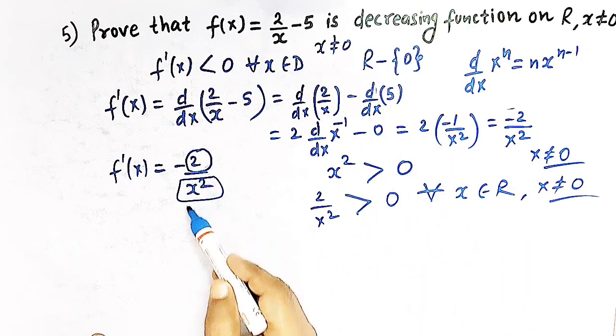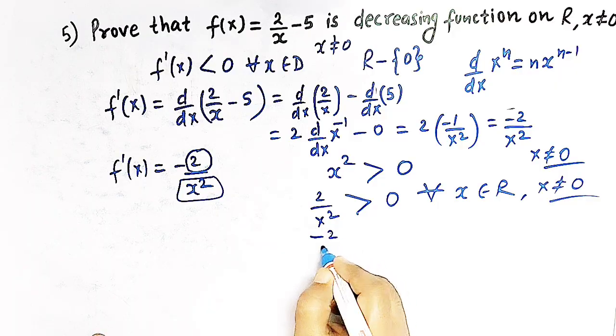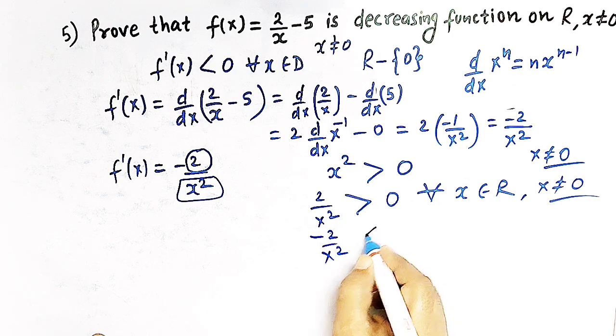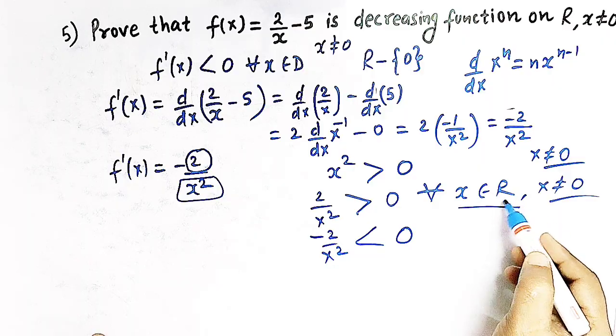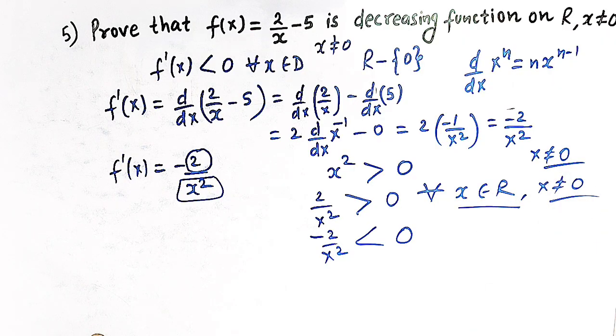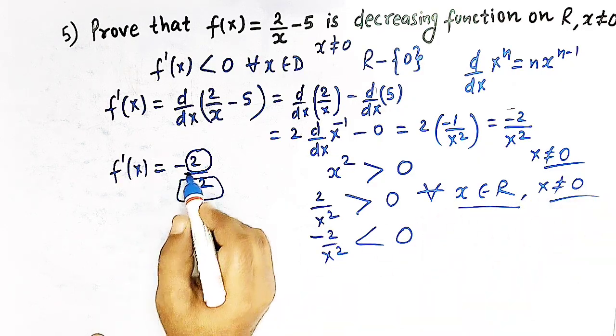So when 2 over x square is greater than 0, then minus 2 over x square is less than 0 for all x belonging to R, x not equal to 0.